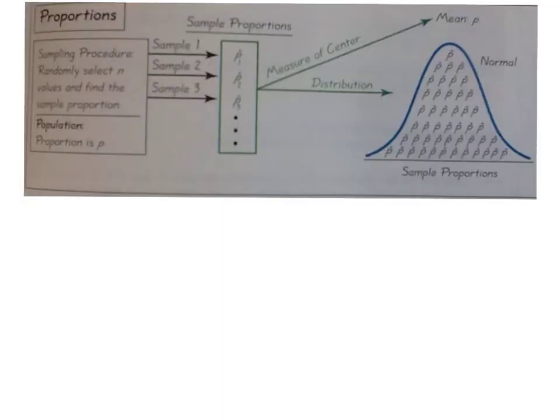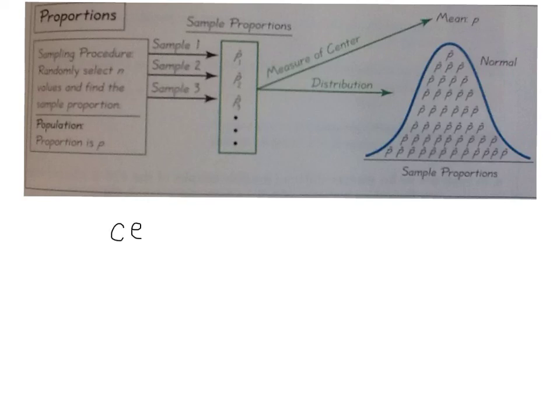So the moral of the story is, if we get all possible sample proportions, the distribution is going to be bell-shaped. And in fact, for proportions, it's going to be a normal distribution, and it will be centered on the true population proportion, p.